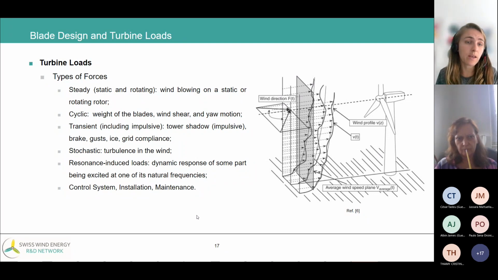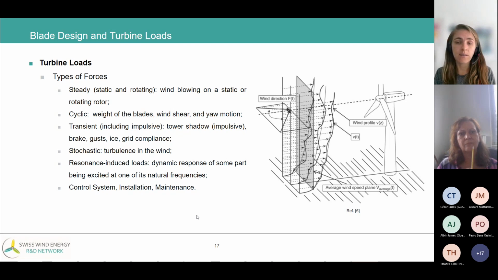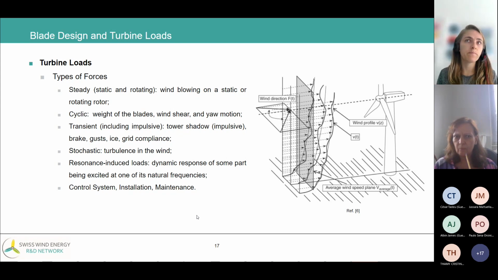So we have steady loads, which is basically the wind hitting the wind turbine. Then we have cyclic loads, and here it's interesting to mention why cyclic, right? Because these loads will not be the same all over the rotation of a blade.